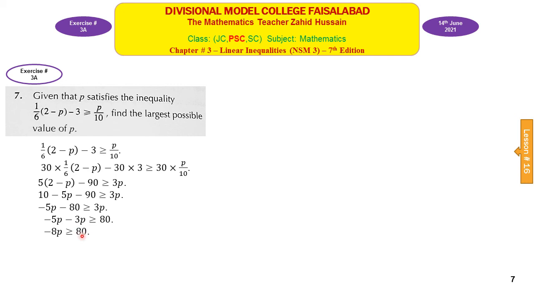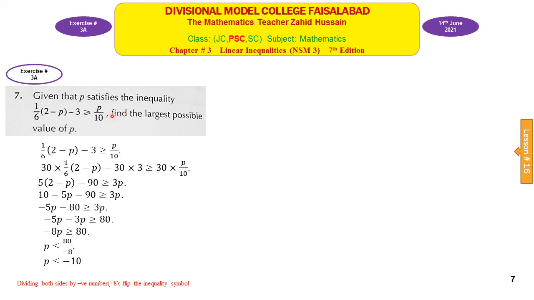Minus 8p greater than or equal to 80. Now we will divide both sides by minus 8, and dividing both sides by minus 8 will flip the sign of inequality. p is less than or equal to 80 over minus 8, and p is less than or equal to minus 10. These are the values of p, which are minus 10 and less than minus 10.